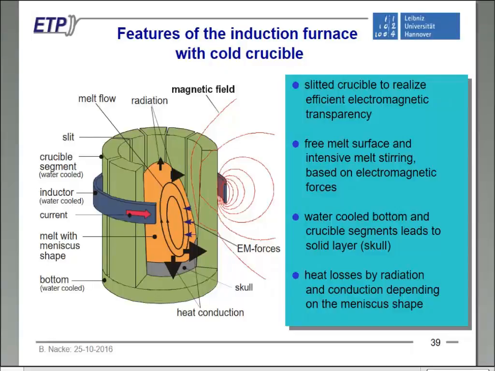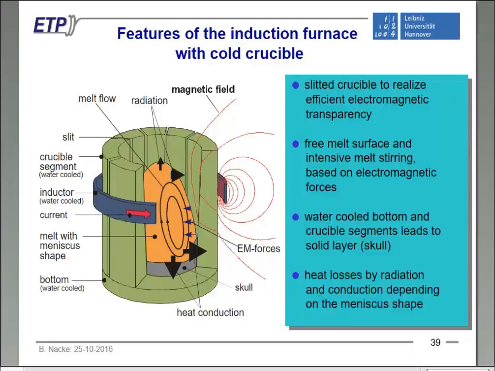Typically, the crucible is made of copper or copper alloys for good heat conductivity. Nevertheless, of course, this crucible has to be slitted, so that the electromagnetic field has a possibility to penetrate the metallic crucible and to reach the melt.